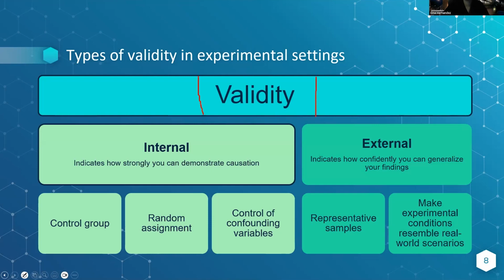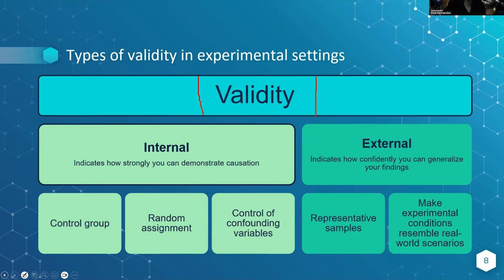And obviously, it is also about validity. How do we know if our experiments will yield valid results? So in experimental settings, we have two kinds of validity. Internal validity indicates how strongly you can demonstrate causation, how well you isolated the independent variable and the dependent variable, and how you are measuring all the possible confounding variables, how much you are controlling for the environment.